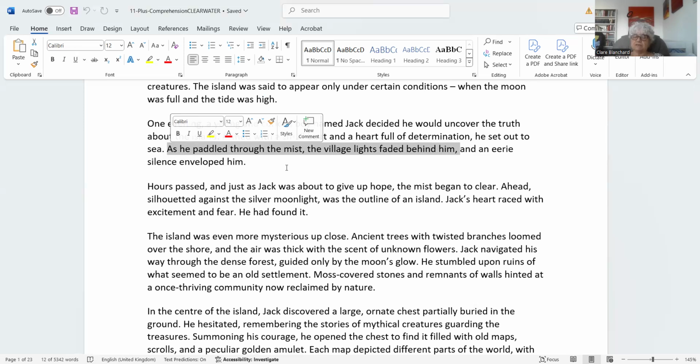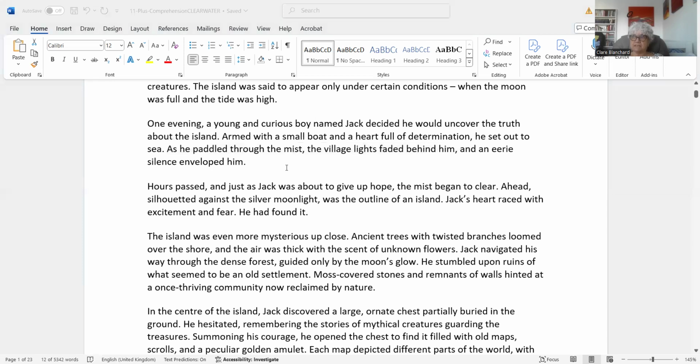I've chosen two here because the mist reminds us of the atmosphere of the unknown, and the village lights fading behind him remind us that Jack is now on his own, which I think is very important to the suspense of the story and the feeling that he's quite afraid, even though he's excited.